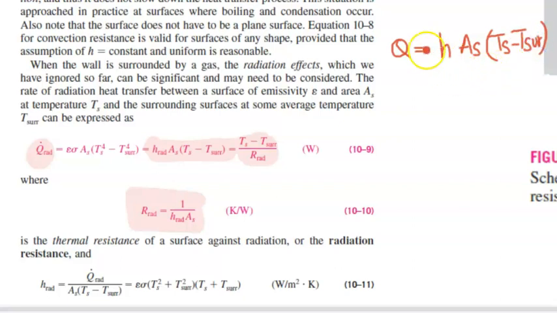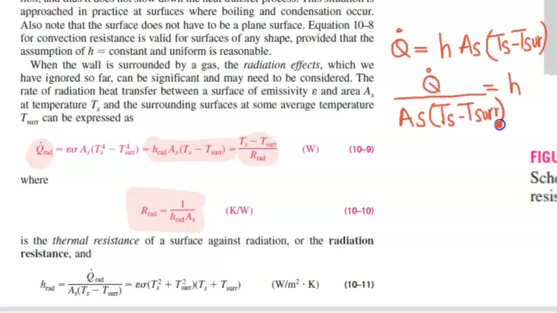Now I want to find out the H if I got all the values, so I can make H the subject. This whole thing I'm multiplying, I can move to the other side: H equals Q dot over AS and delta T, which is Ts minus T surrounding. So that's how we find the value of H.